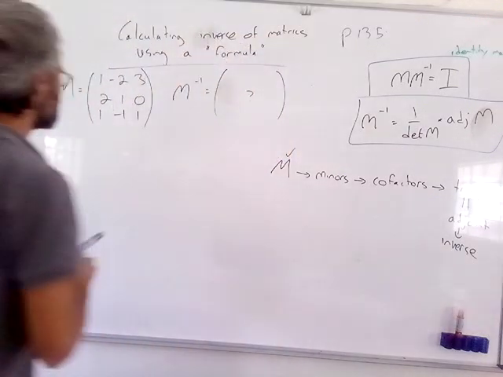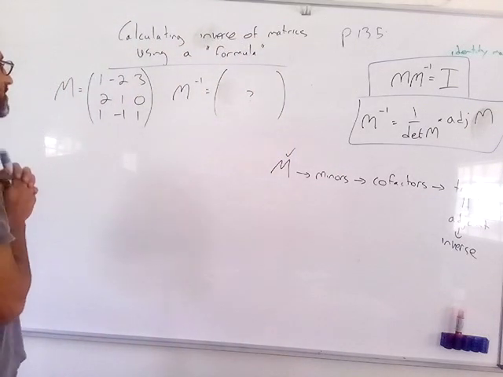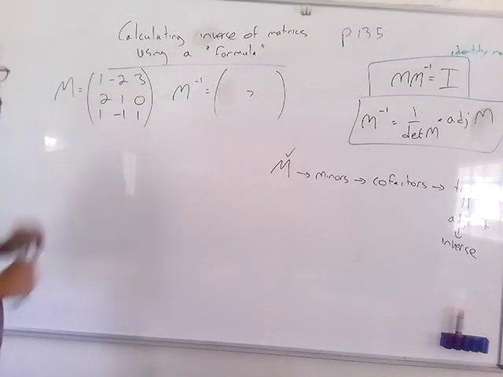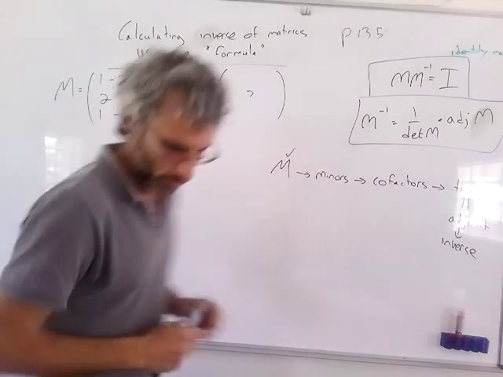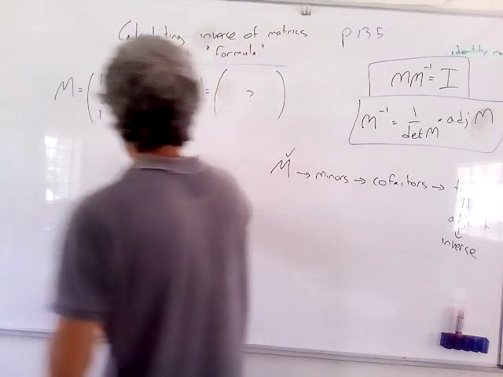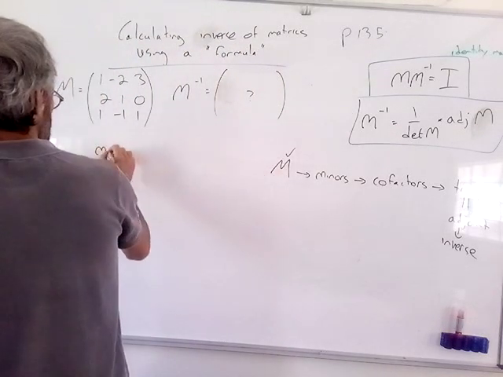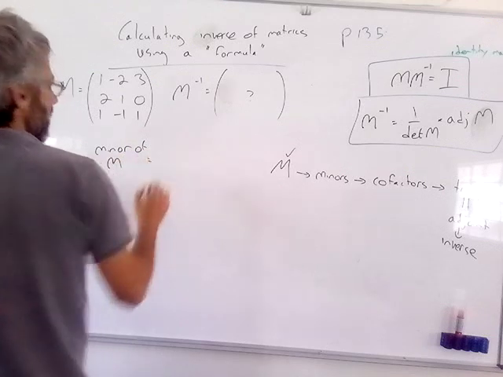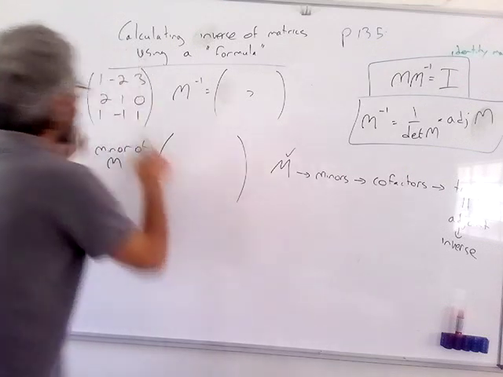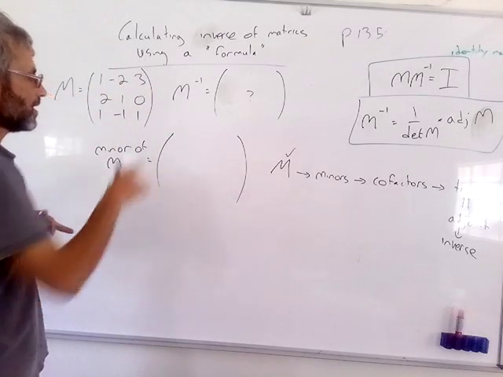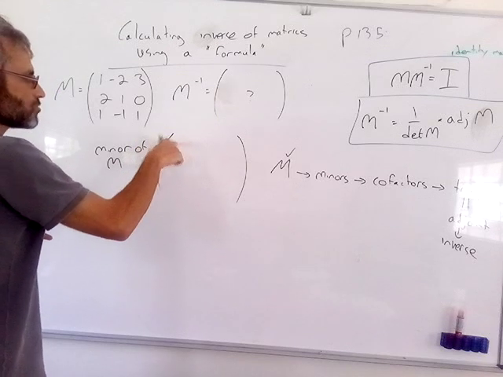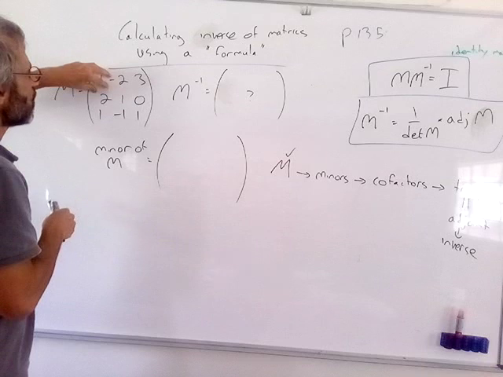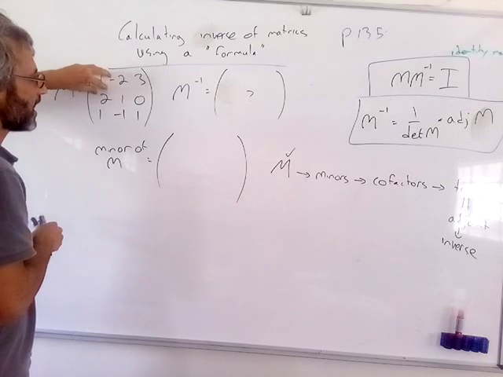So let's start. I need to find the matrix of the minors of N. So what is the minor? Minor of N is also going to be a 3 by 3 matrix, and each entry will be the minor of that position.